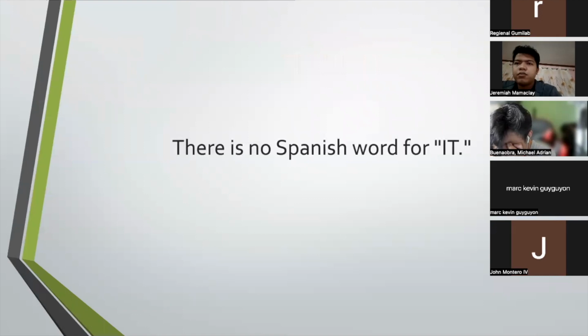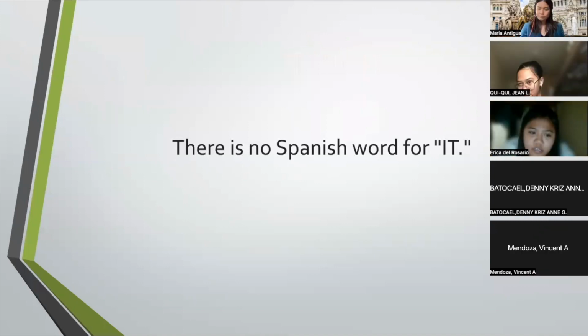There is no Spanish word for it. Okay, another important point. Why is it so? Bakit walang Spanish word for it? Kasi all nouns have gender.